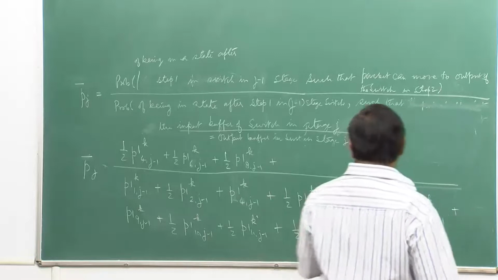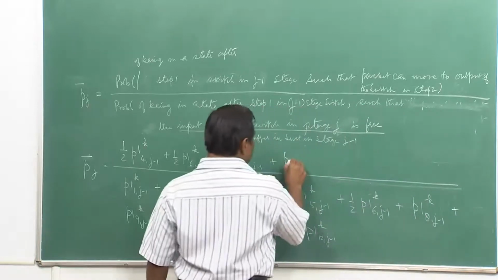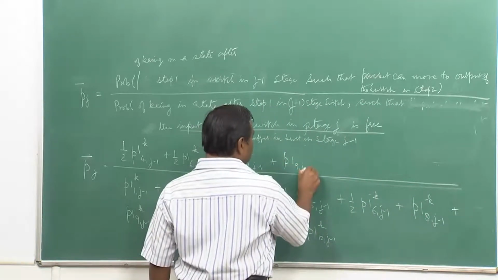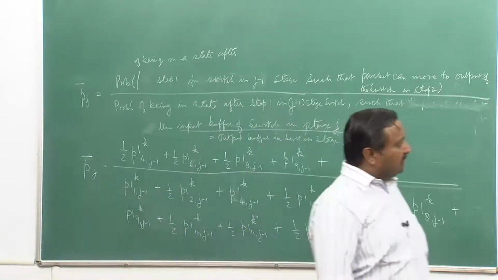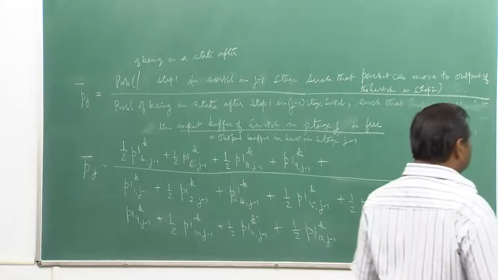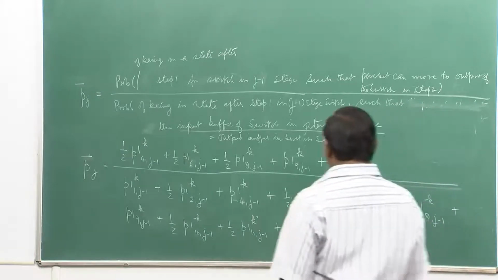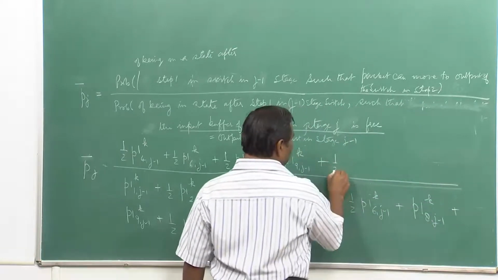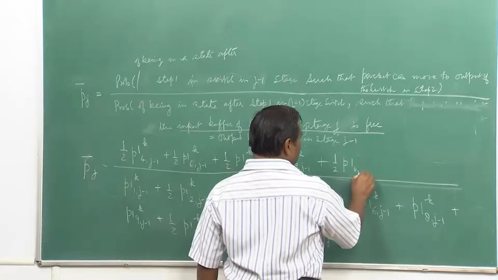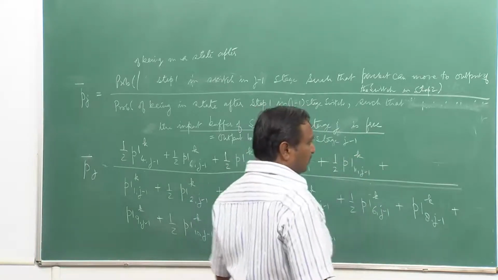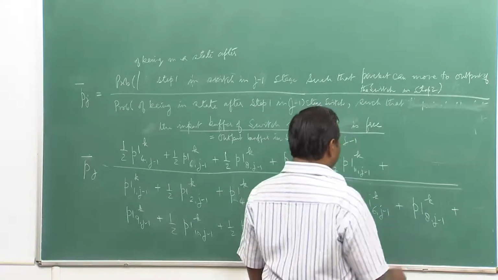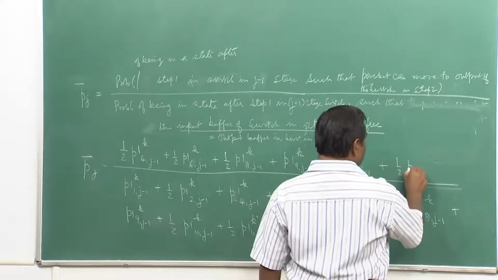Ninth, both the packets will be arriving, so I will write P9, there is no half here now. The 10th, there is no arrival. 11th, there is only one which will be arriving, so I will put half. And 12th, only one will be coming, so I will put half.